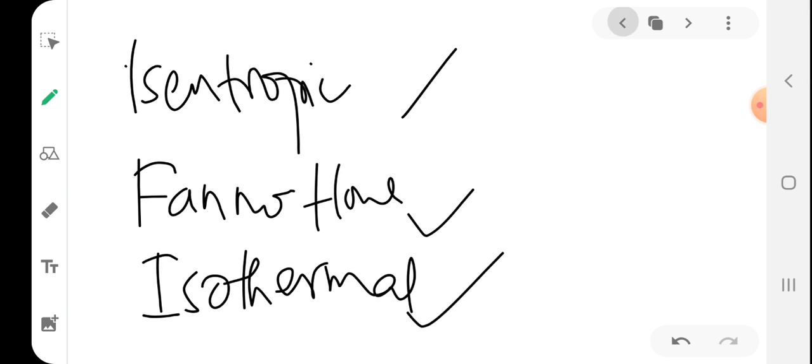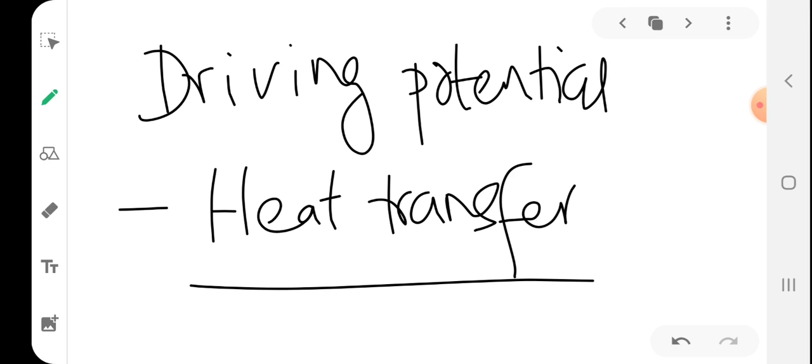So today we are going to learn Rayleigh flow, whose driving potential is heat transfer. It is actually a simple flow, a compressible fluid flow, considering the effect of heat addition or heat rejection.